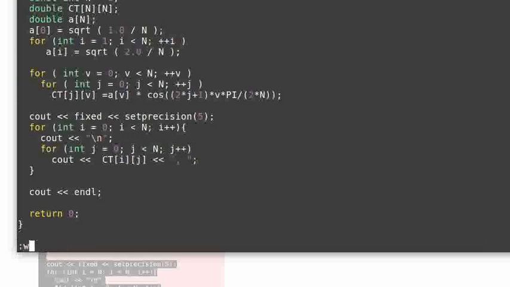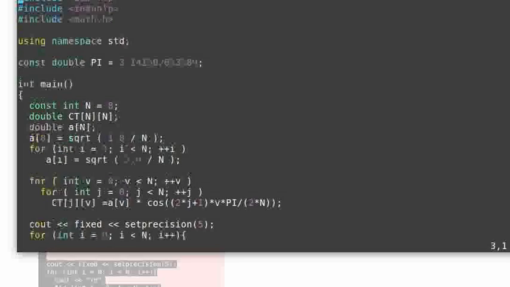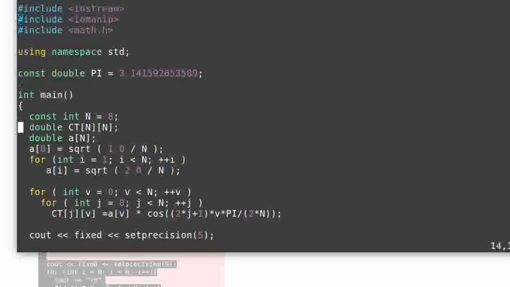So this is the program we need. The n is 8, so the CT, the C transpose, is 8 by 8.